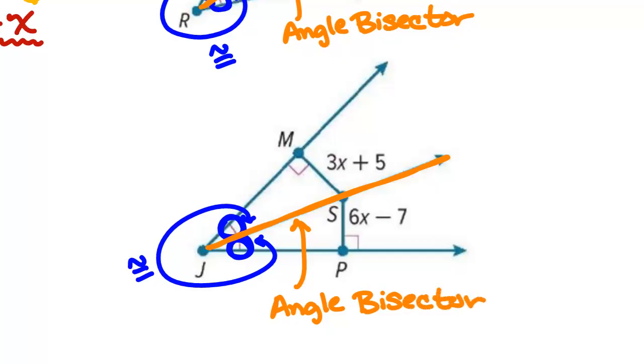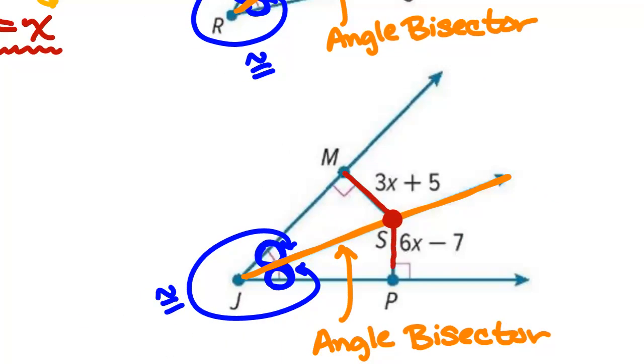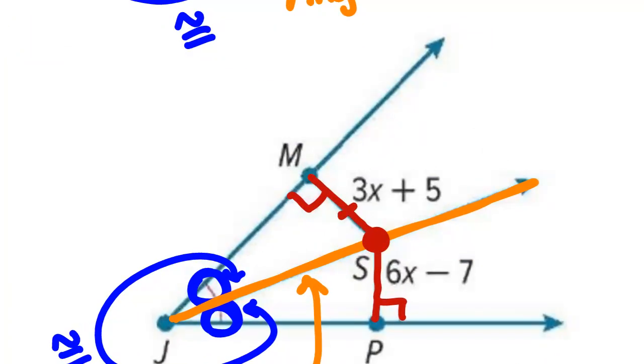Because JS is an angle bisector, S is on the angle bisector, and we've drawn in segments from S to M and from S to P, and it makes right angles where it hits the sides of the original angle. What does that mean about SM and SP? They are congruent.